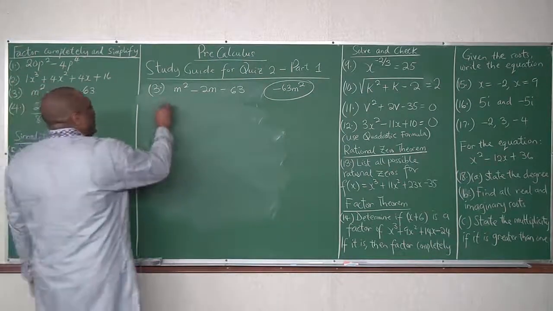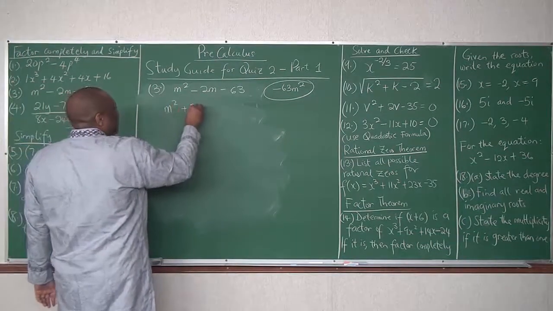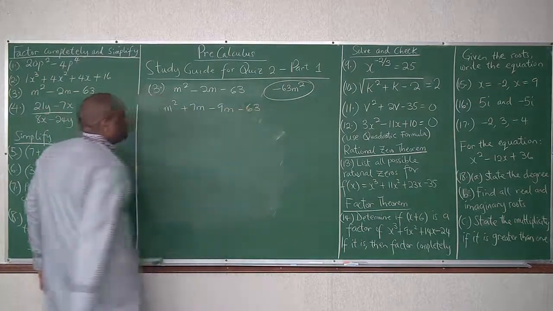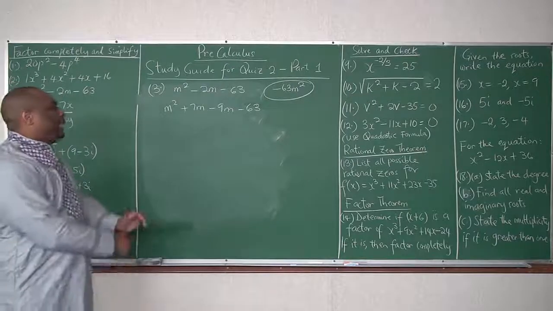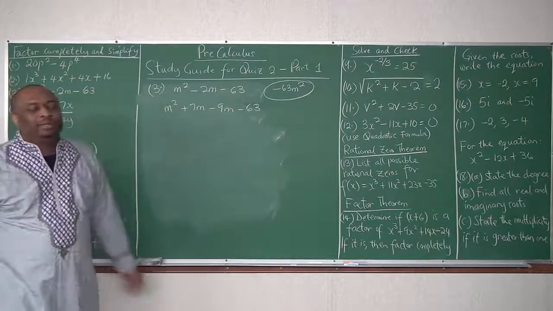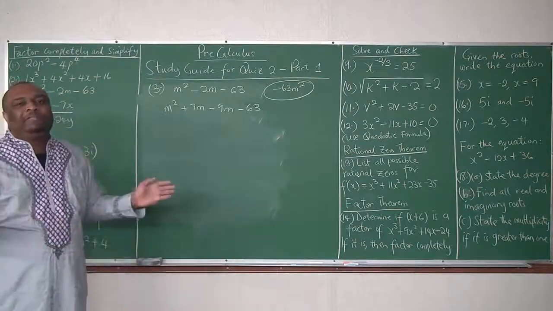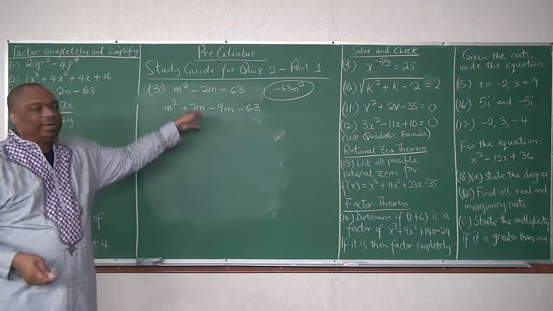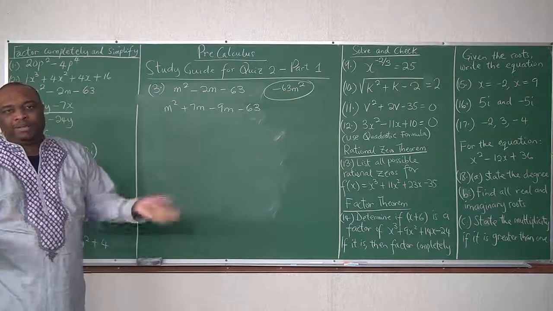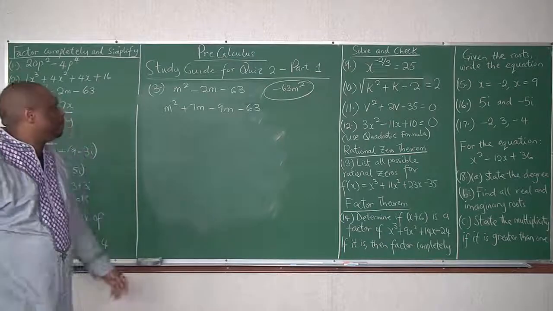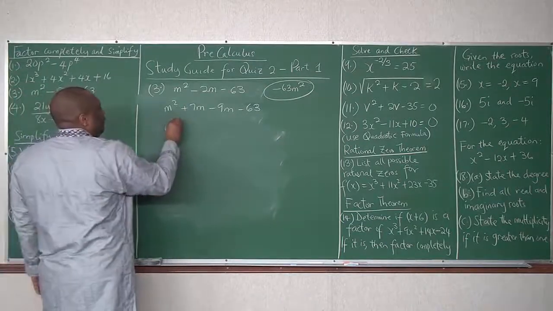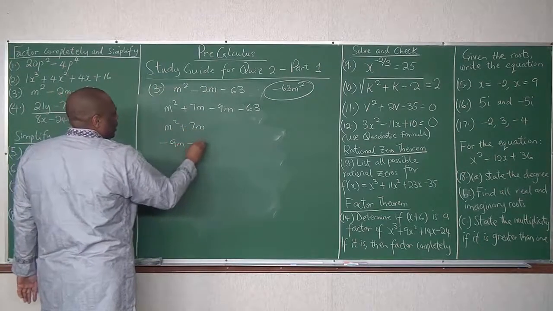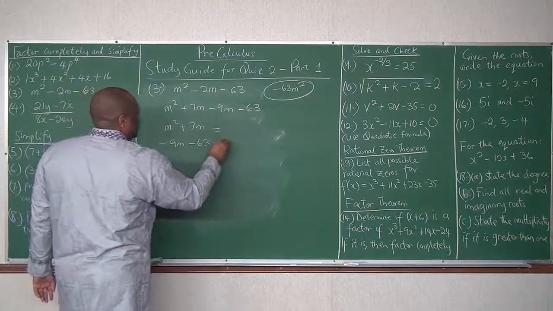So m squared plus 7m minus 9m minus 63. Now if you don't want to do the leading coefficient to be negative, you can write m squared minus 9m plus 7m minus 63. It doesn't matter. So you factor by grouping, then by GCF. I like doing the vertical method.